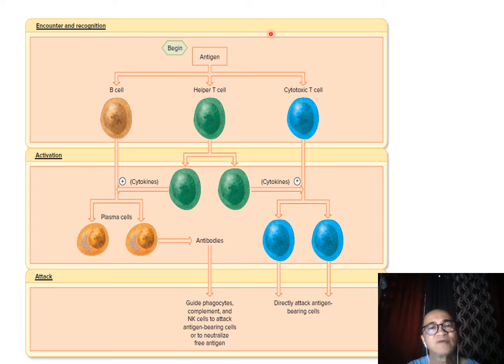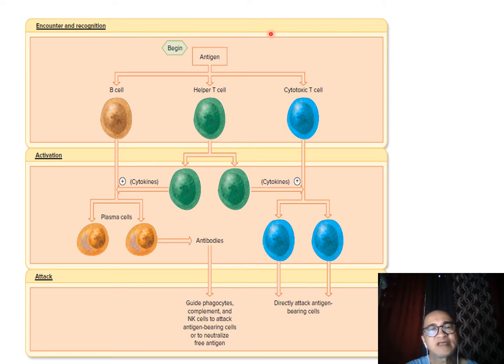Any element, whether fragments of foreign cells or whole foreign cells, that triggers a response of the immune system is called an antigen. The specific immune system is brought into action when specific immune cells encounter and recognize an antigen, become activated, and then respond to the antigen in a coordinated manner.